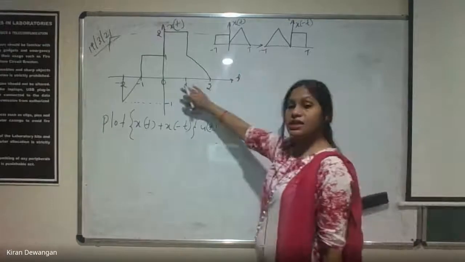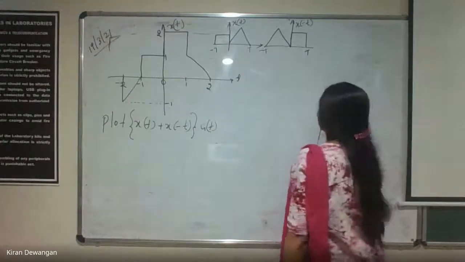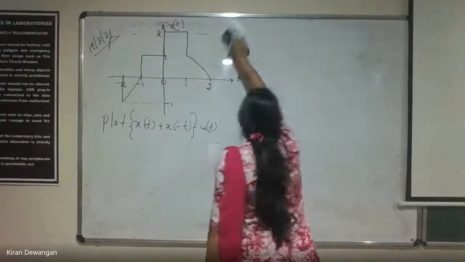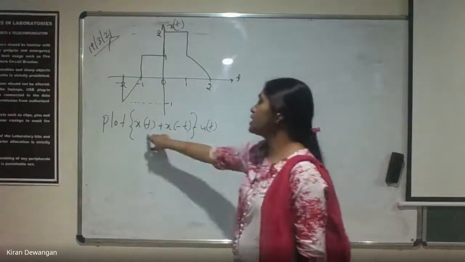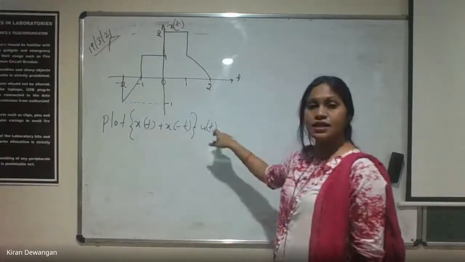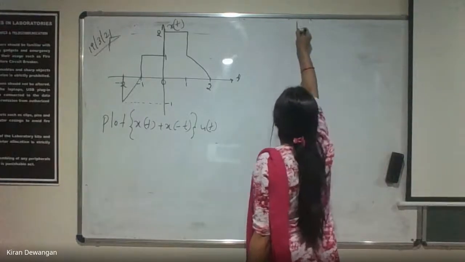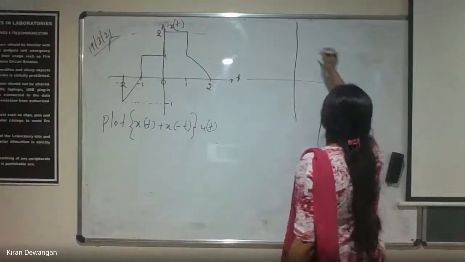So for this it is easy to plot x of minus t. We have to plot x of minus t again, because what do we want actually? We want to plot this one, which is x of t plus x of minus t into ut. Here now we'll be plotting x of minus t.